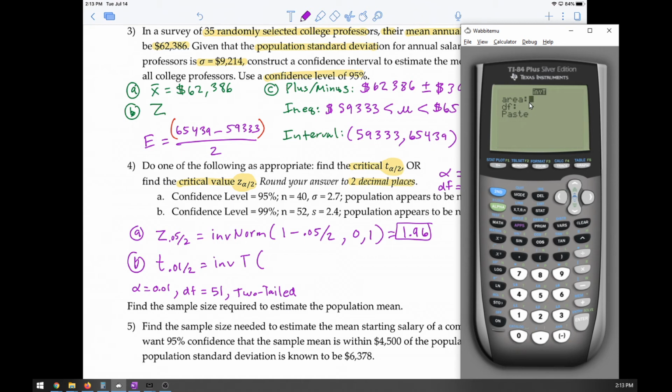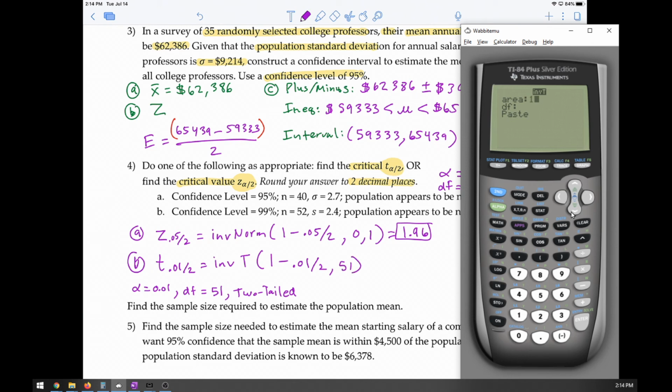Similar to when we were calculating the critical z value, we put the same thing. So we're going to put 1 minus alpha, 0.01, which is alpha in this problem, divided by 2. And then the next input would be the degrees of freedom, which is 51 in this problem.